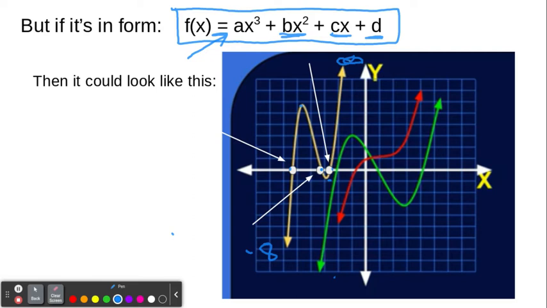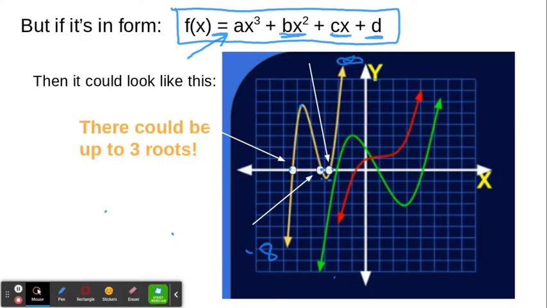And in between, it hits a max point, hits a min point, or at least a relative max and a relative min point, and then goes on up into the infinity oblivion. But the most important thing we can see about this is it's got 3 points where it hits the x-axis, so there are 3 roots.